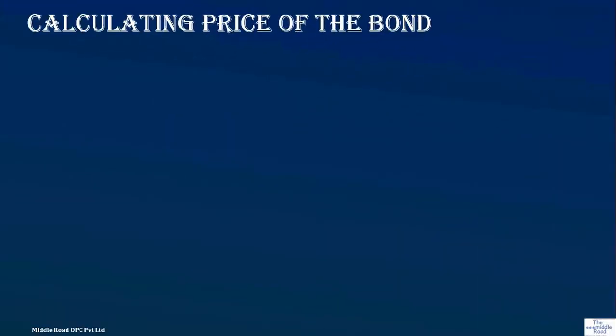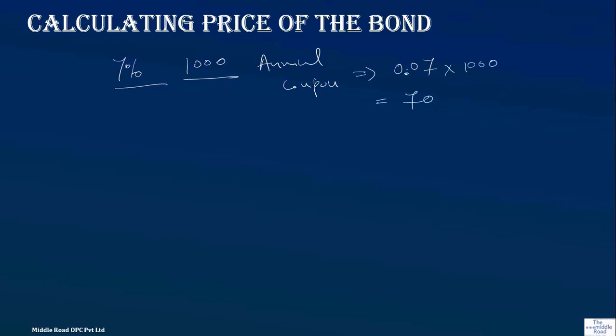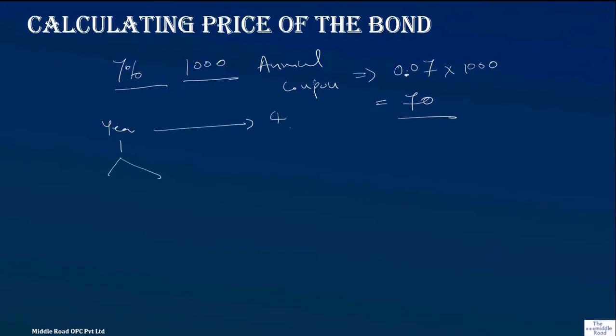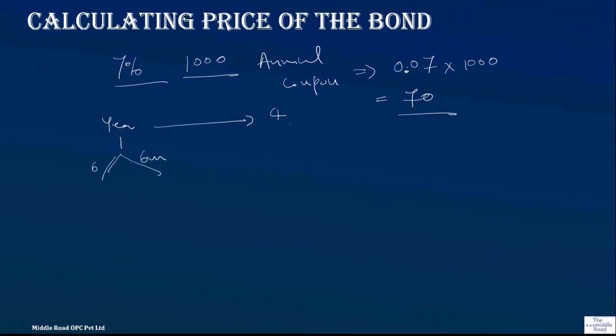In this case, we know the coupon rate is 7% and the face value is 1000. So the annualized coupon payment is 7%, which is 0.07 times 1000, equal to 70. 70 is paid in 2 installments in a year. If I take year 1 to year 4, year 1 is broken into 2, which is 6 months here and 6 months here.